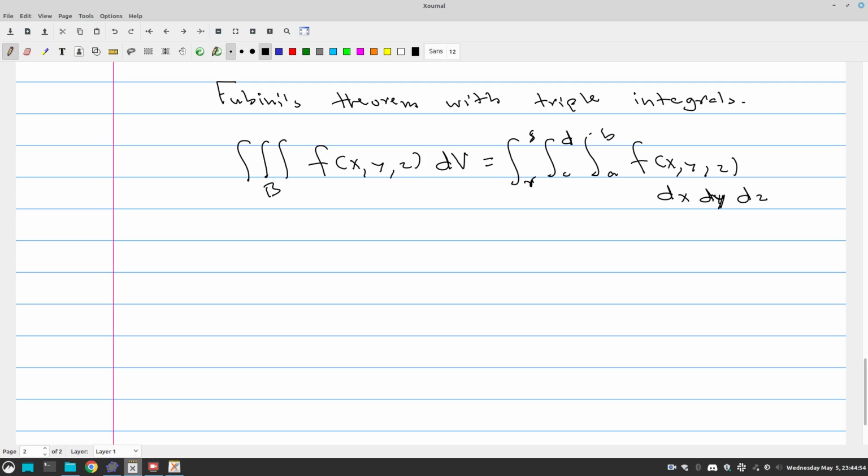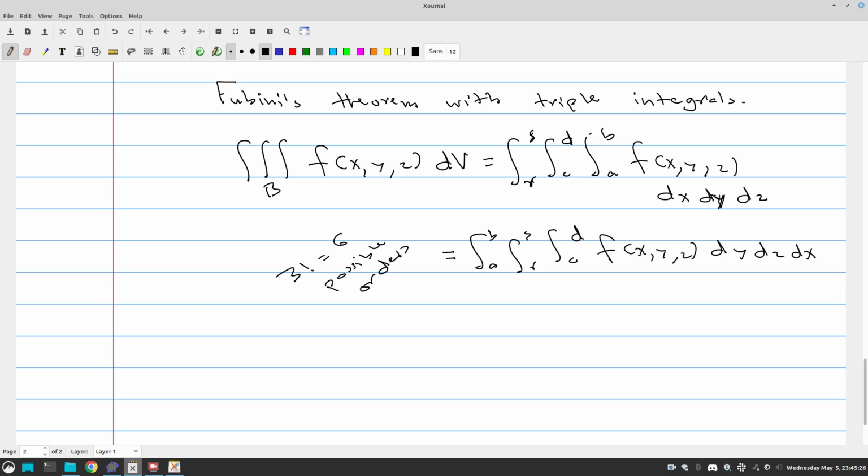This can also be written as a to b, r to s, c to d, f of x, y, z, dy, dz, dx. You could do that. In fact, there are 3 factorial, 6 possible orders of integration.